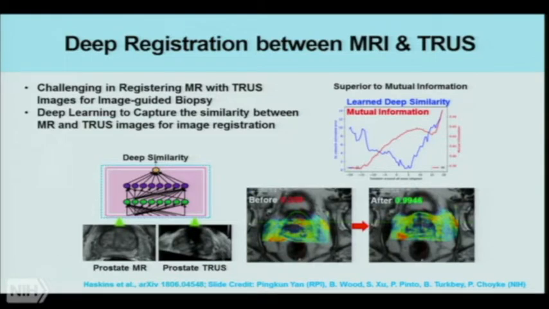He used about 700 data sets of paired prostate MRI and ultrasound images. So they use machine learning to do good registration, and the results show that they could reduce the registration error from 16 millimeter to about 4 millimeter. So this will give us a fused data set as shown here.